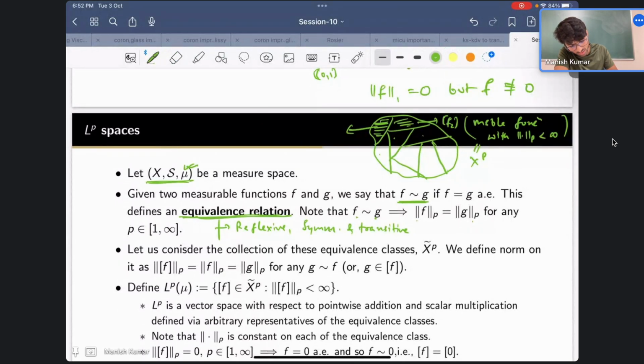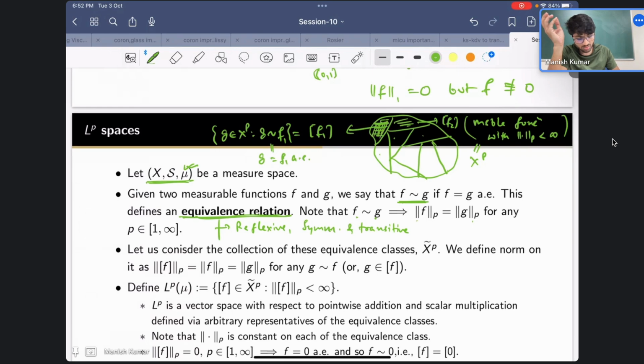So by definition, this f1 class will contain all the g belonging to Xp such that g is related to this f1. So all functions which are related to f1, that means g is equal to f1 almost everywhere. So if you have any function f1, all the functions which are equal to this function almost everywhere are sitting in this class.